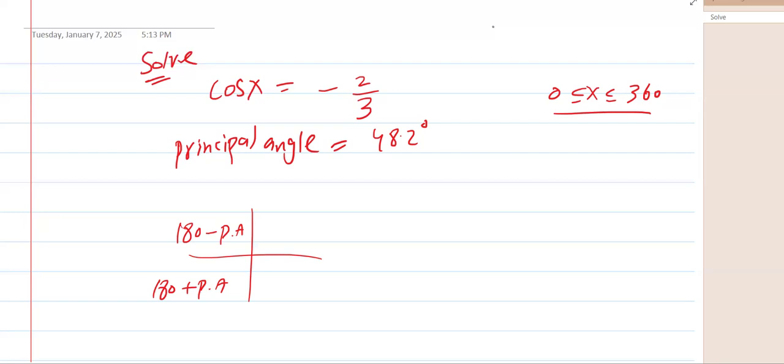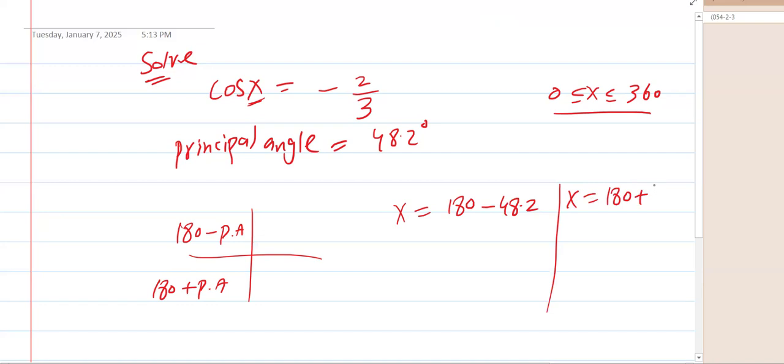So now what would it be? We will now take the value of x because the angle is x here. X will be, if it is here, 180 minus principal angle. Second possible value of x would be 180 plus principal angle. Okay?